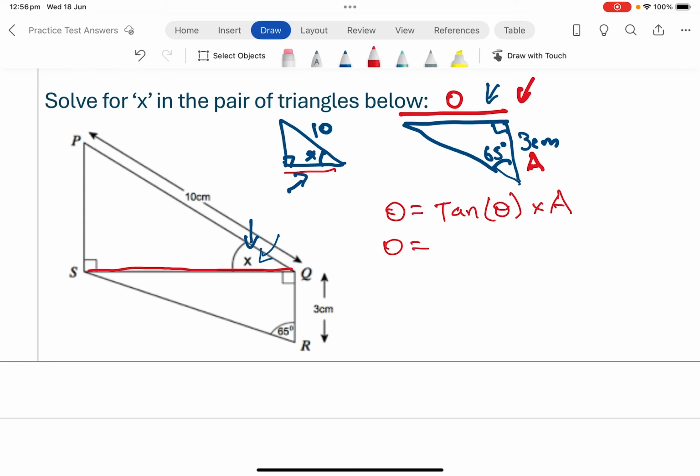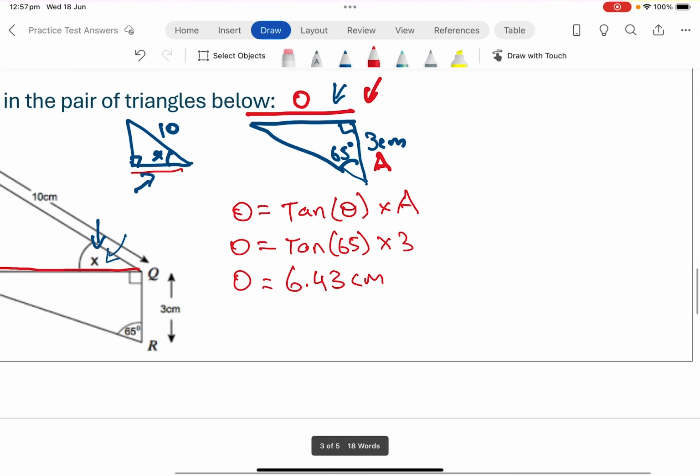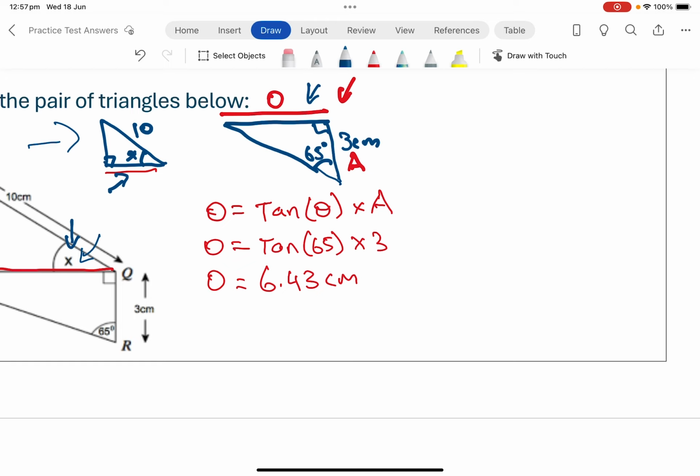The opposite side equals tan of 65 times 3, which is 6.43 centimeters.